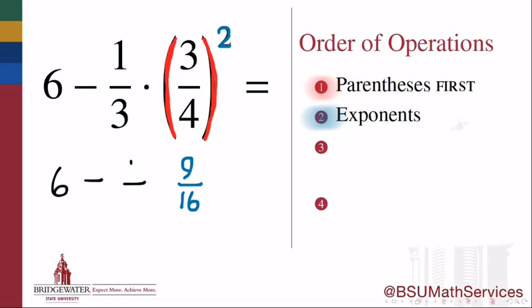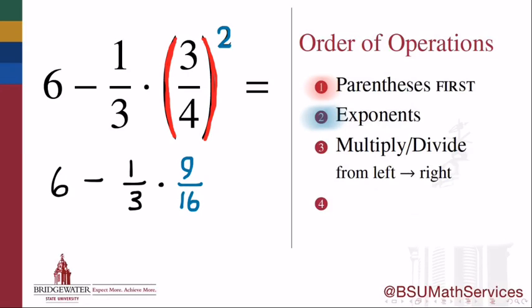And putting the rest of the arithmetic back into context, the next thing we'll look for is the opportunity to either multiply or divide. If there are multiple opportunities to do so, we'll do them in order from left to right. In this example, there's only the one multiplication happening between the 1/3 and the 9/16, so we have to do that before we do any other operations.